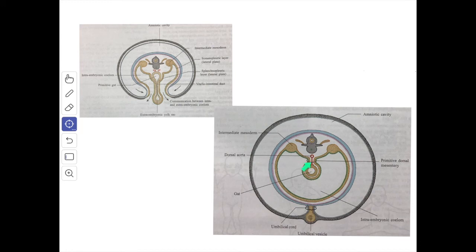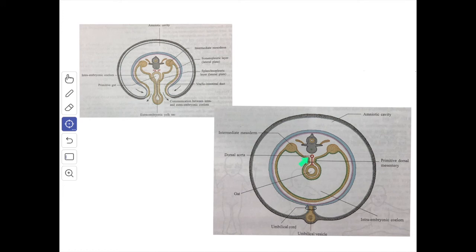The root of the dorsal mesentery extends longitudinally along the ventral surface of the primitive vertebra and initially contains two dorsal aortae, which have meanwhile developed from the undifferentiated mesenchyme of this area.